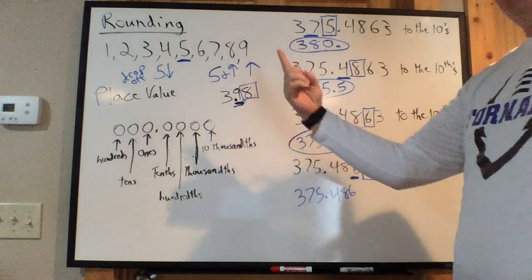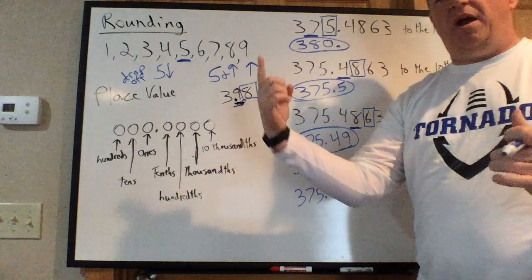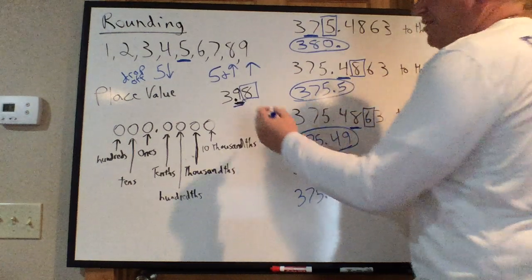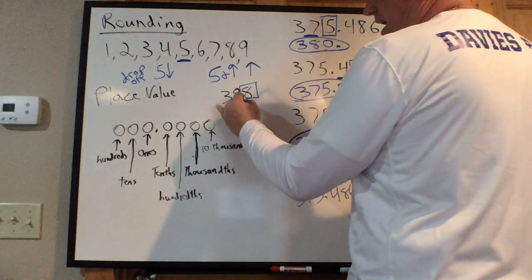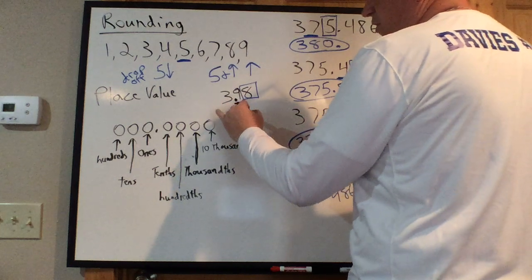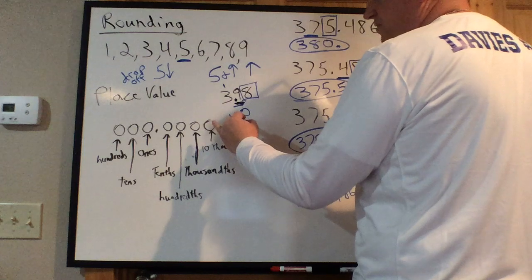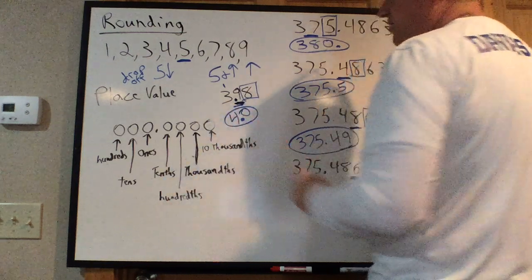But wait a minute, it's already a 9. If I round that up, 9 gets rounded to 10. So the 9 becomes a 0, and the 1 gets carried up. 3 plus 1 gives me 4, so that becomes 4.0 rounded to the nearest tenth.